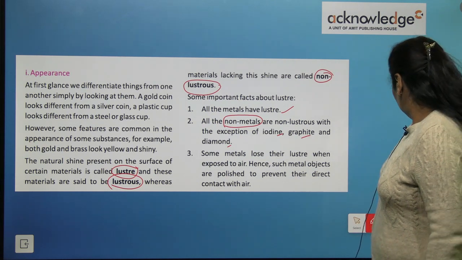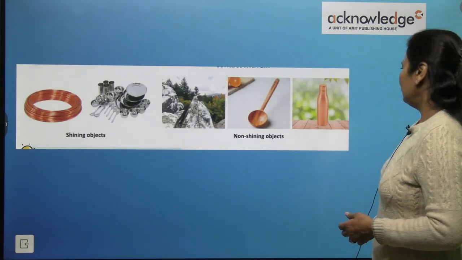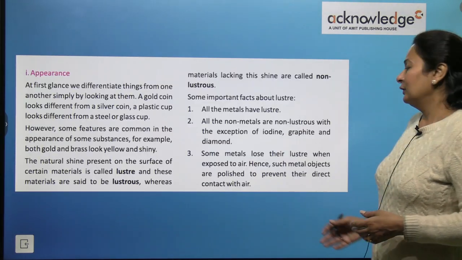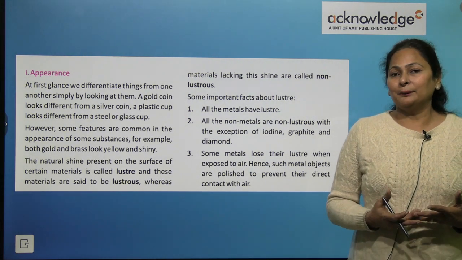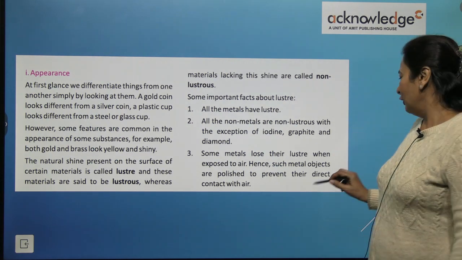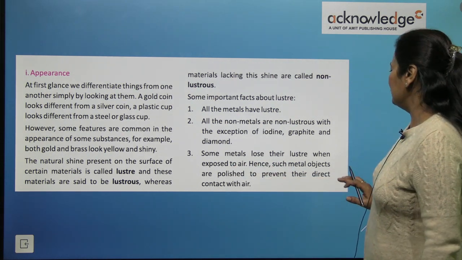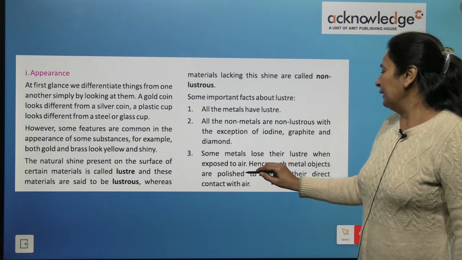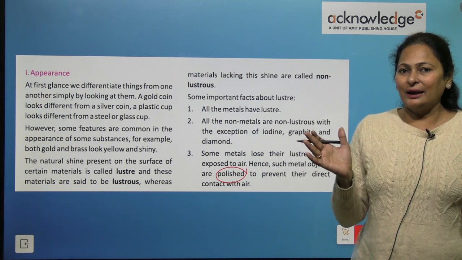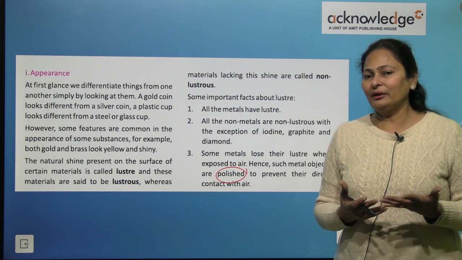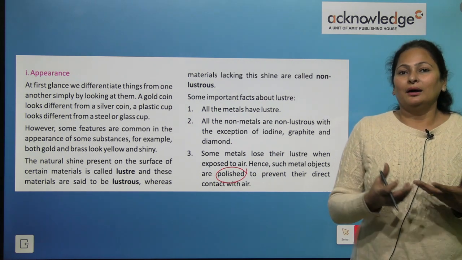So some metals lose their luster as time passes. To keep this luster, we keep polishing them. There is some kind of polish that we need to apply on those materials or metals to prevent contact with the air. We are not stopping the reaction; rather, we are giving the luster back to that metal, right?